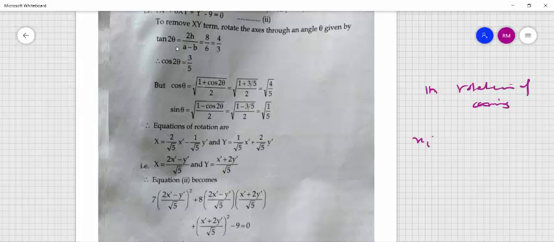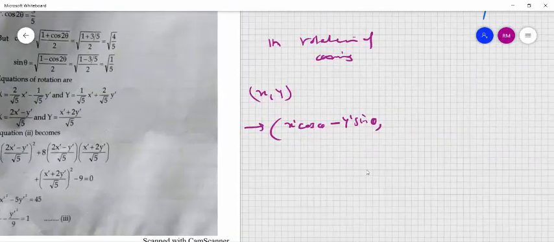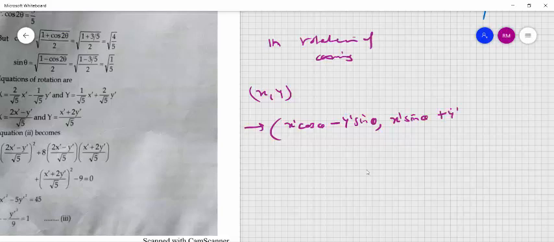We are replacing x by x dash cos theta minus y dash sin theta, comma, means we replace small x by this one and small y by x dash sin theta plus y dash cos theta.